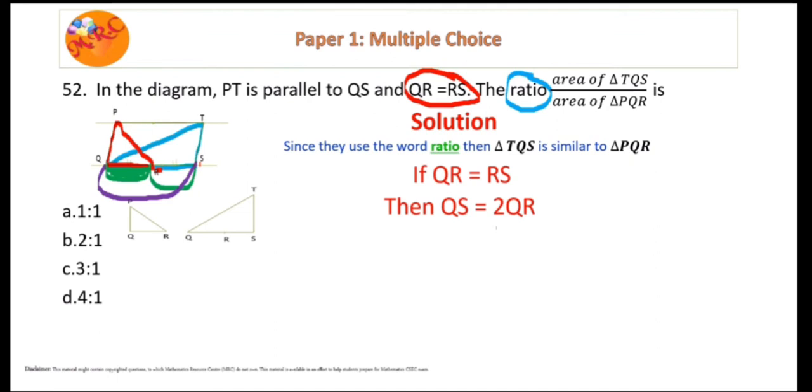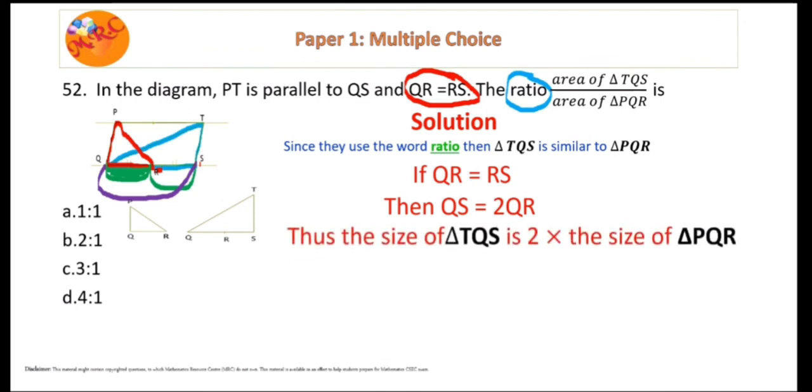Now that we have established that QS is twice QR, the size of triangle TQS is twice the size of triangle PQR, which means that the ratio of triangle TQS in length to triangle PQR is 2 to 1.